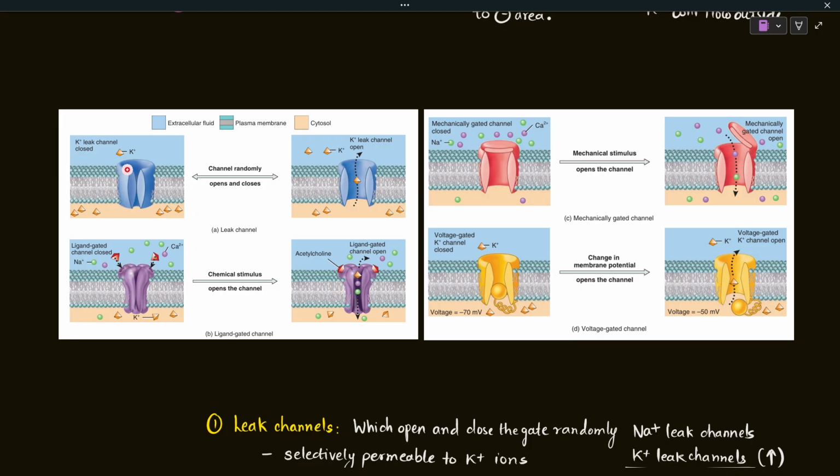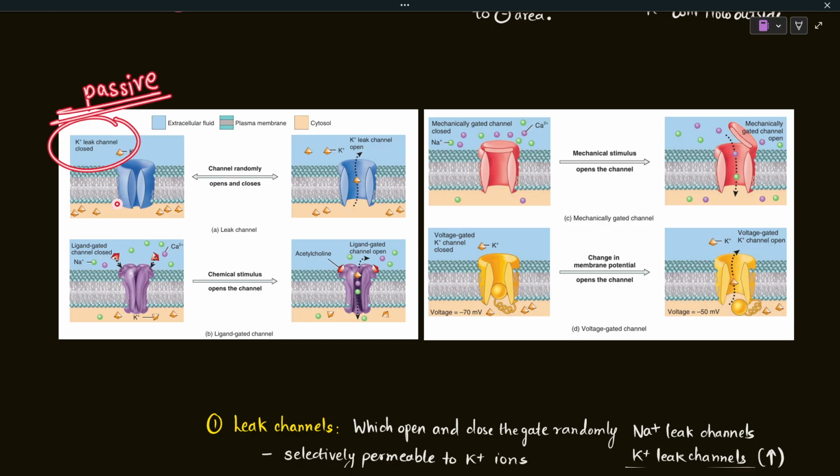This first one is the leak channel, specifically potassium ion leak channels. Here you can clearly see the potassium ion concentration is very high on the inside of the membrane. Those leak ion channels do passive transport, so there's no energy involved.